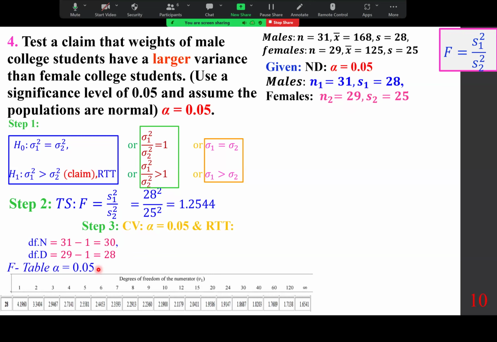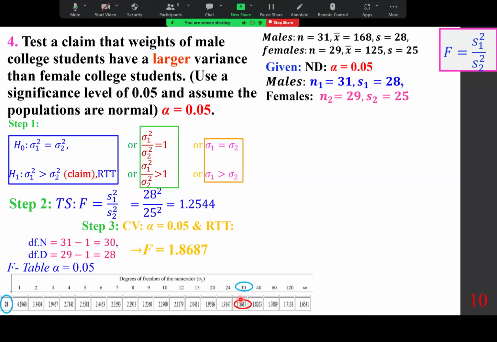Then you have this row that is degrees of freedom for the numerator, and for the numerator we are looking for number 30. Then you have this column, and we are looking for 28. So we put the two together, and the result is F is 1.8687.